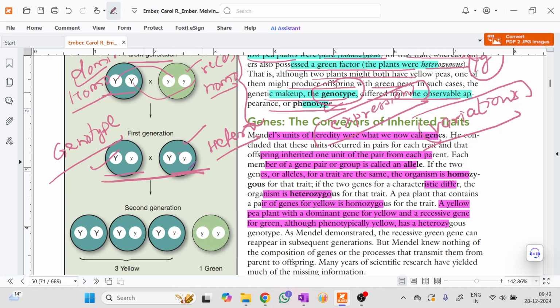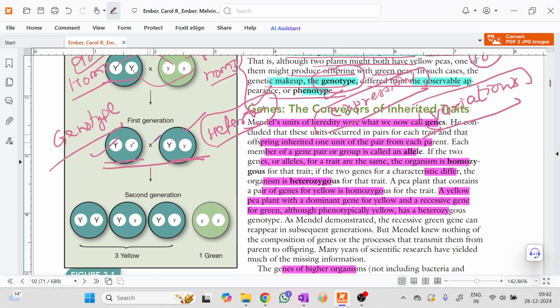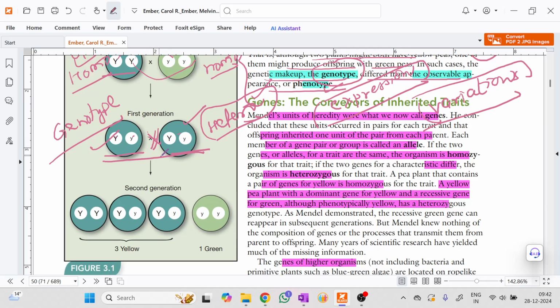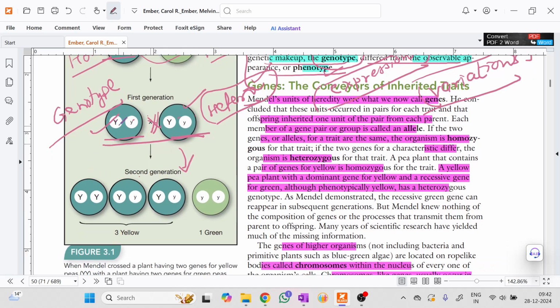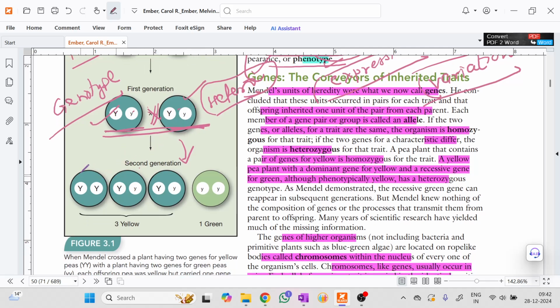But the offspring's genotype is heterozygous, in which each possesses one dominant and one recessive trait. And when this generation was crossed unto itself, the second generation, the shuffling of genotype happened in this way: this one when crossed with this produced a homozygous dominant.